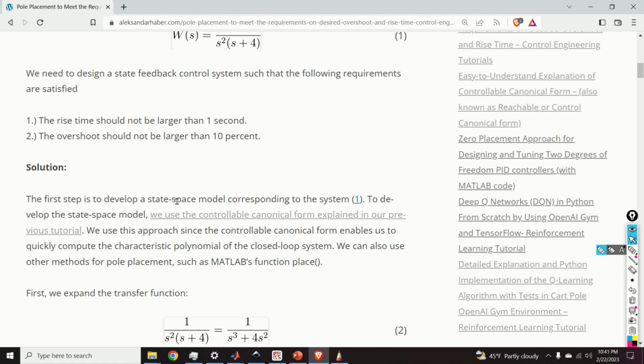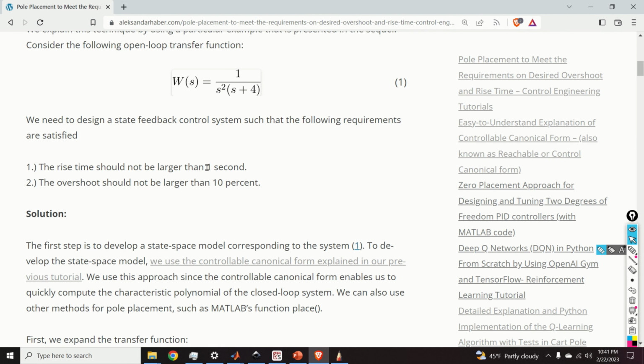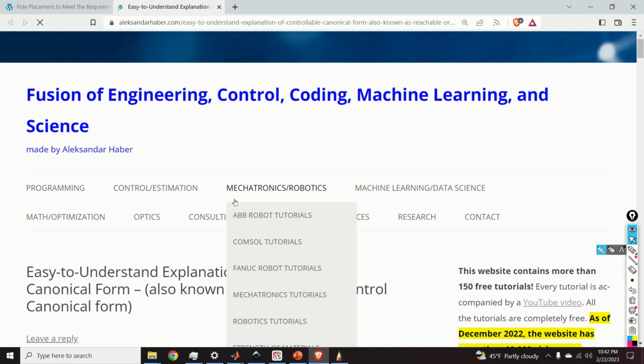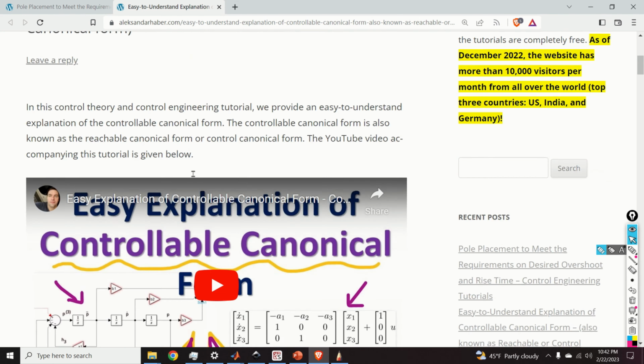Okay, so let's see how to solve this problem. The first step is to develop a state space model corresponding to our original system. To develop this state space model, I will use the controllable canonical form, and I explained the controllable canonical form in one of my previous tutorials. You can find this tutorial by clicking over here and by following this link. And here is the tutorial.